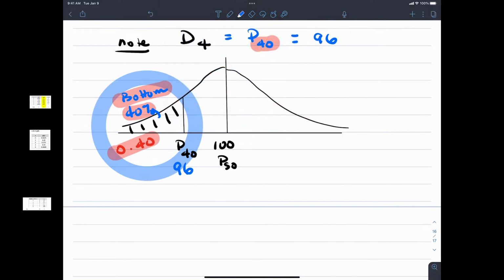So this is really what you're answering here. The definition, remember, for percentile, PK, we said the kth percentile.